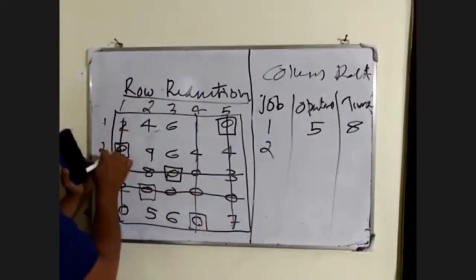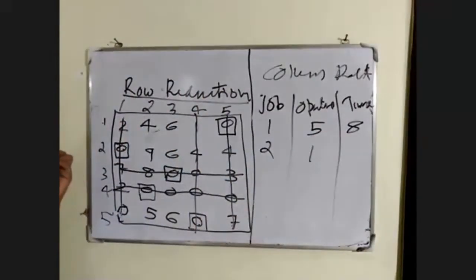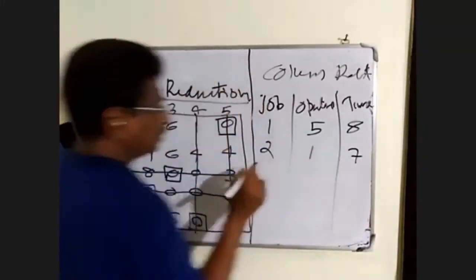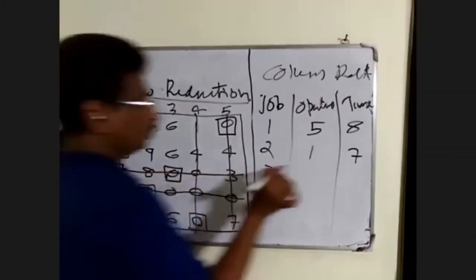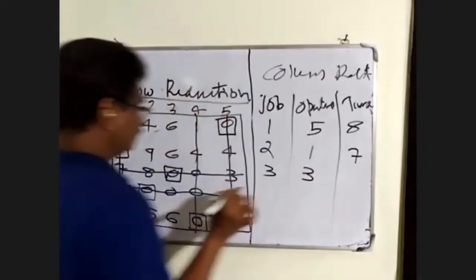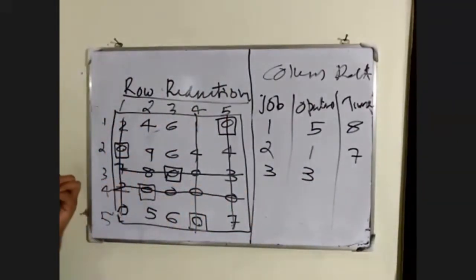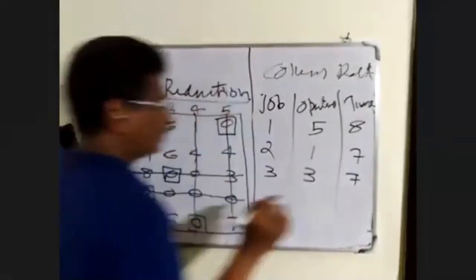Second job should be given to the first person. What's the time? 7. Very good. Third job should be given to the third person. What's the time? 7.